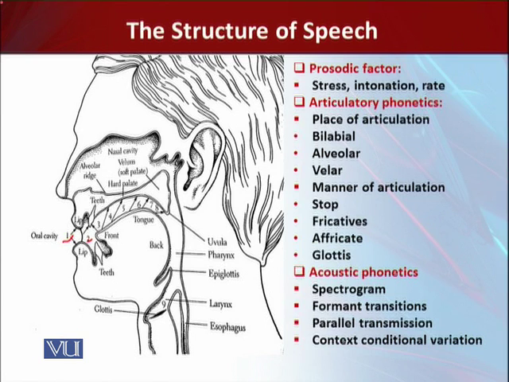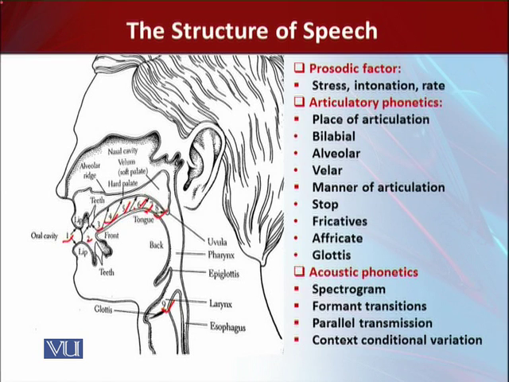Then 2 is the labiodental, 3 is the dental, 4 is alveolar, 5 is palate, 6 is palatal, 7 is called velar, 8 is uvular, and 9 here is basically glottal.